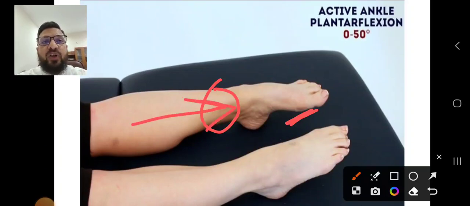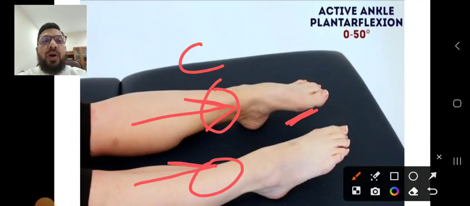It is very important that if your right hand is under the plantar surface of the patient, your left hand will be on the leg for two purposes. One, to assess for any crepitus in the joint, and second, to stabilize the leg, so that the patient may not use his power of the leg and only uses the power of the foot.